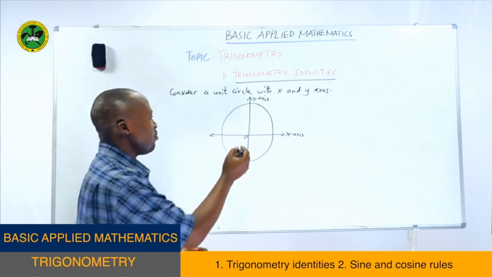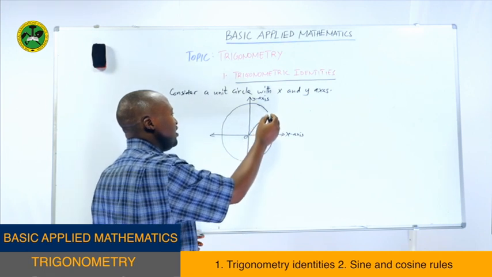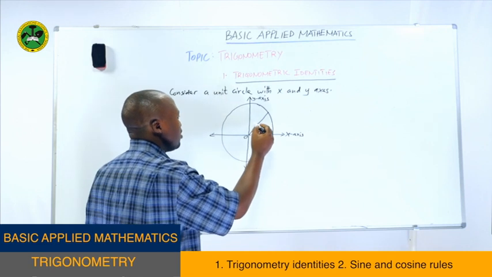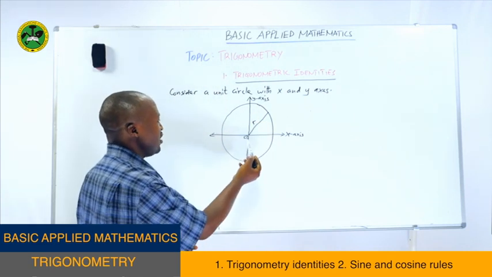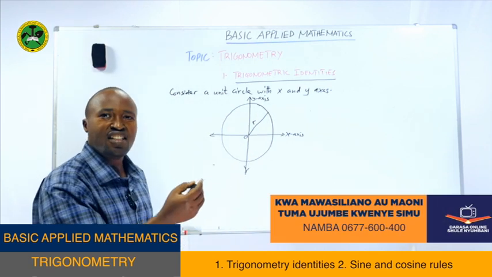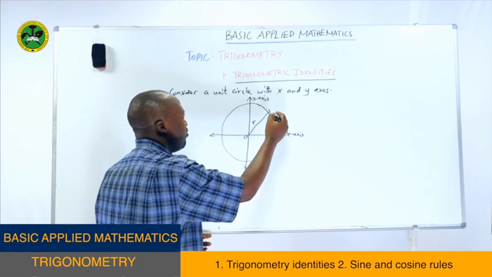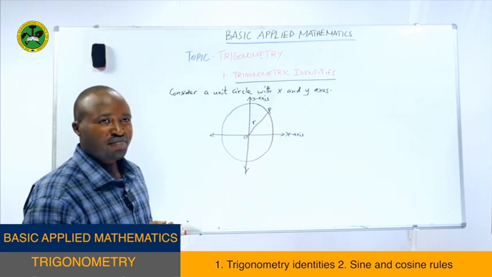And any distance from the center of the circle to a point on the circumference is called the radius. So here you just write R. That is the radius.